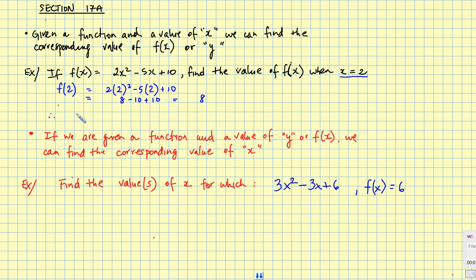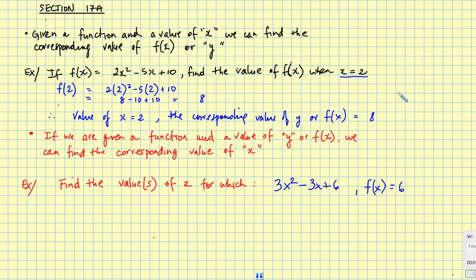It tells us that when the value of x is equal to 2, the corresponding value of y, or f of x, remember that f of x and y are the same thing, is going to be 8.